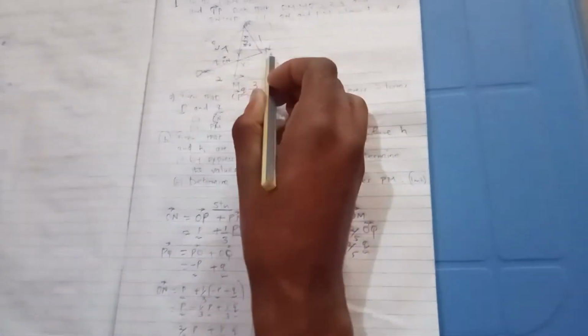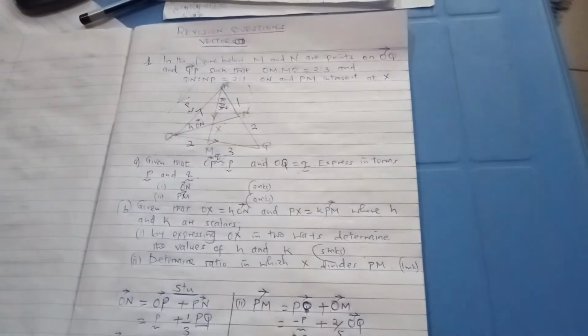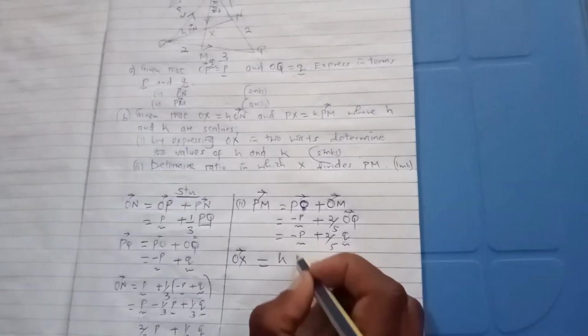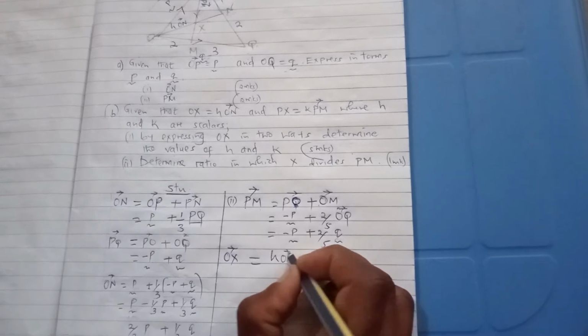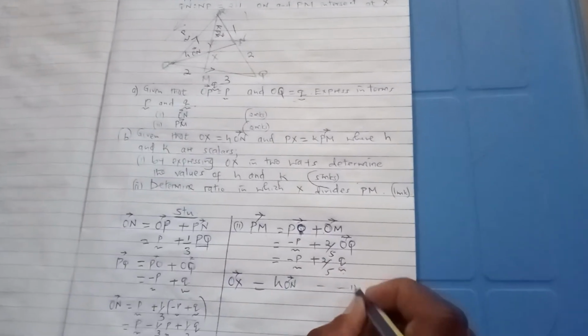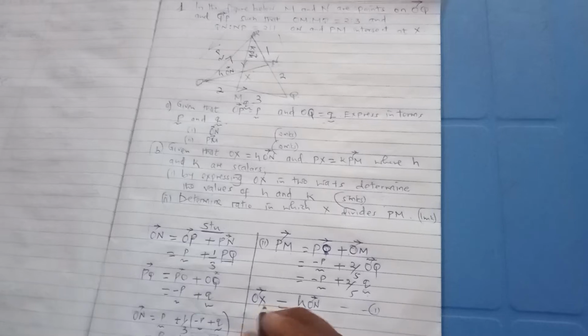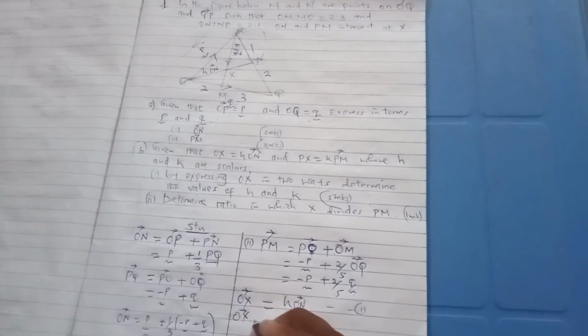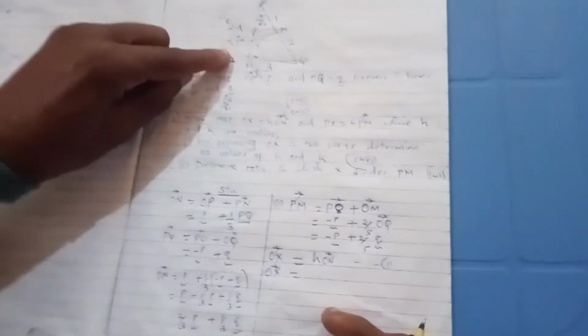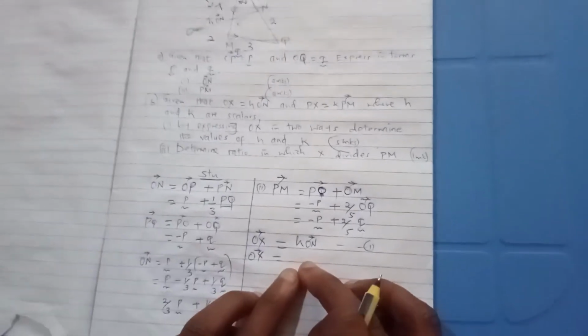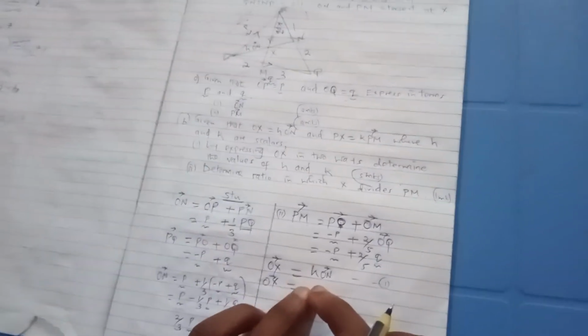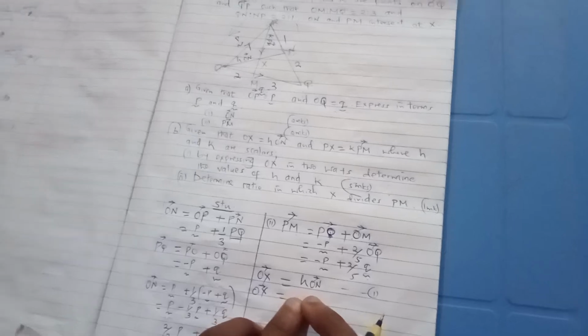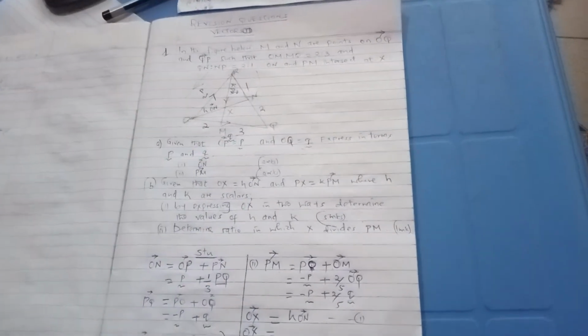So one way is that we go directly. OX is a fraction of ON. That is, OX is H of ON. That's one way. I told you that we have to use H and K. So we have found one way whereby we will be using scalar H. Now we want to find another route that will enable us to use K. There are so many ways you can use.